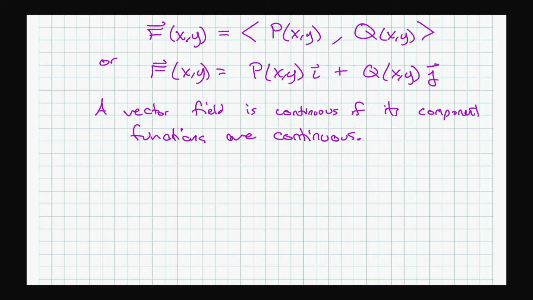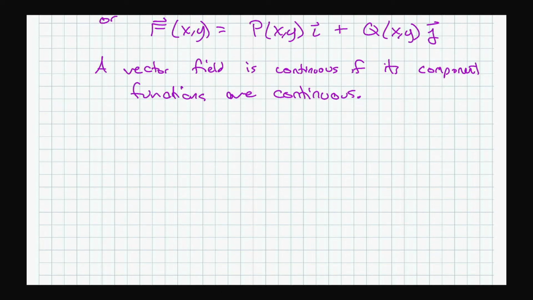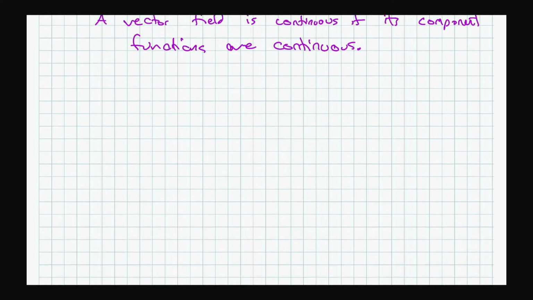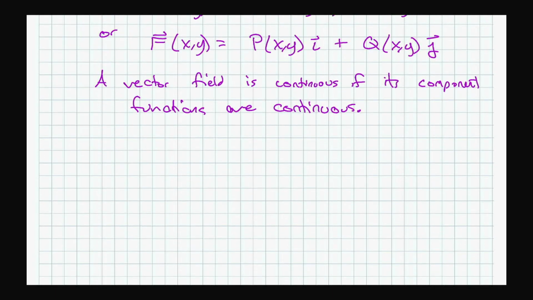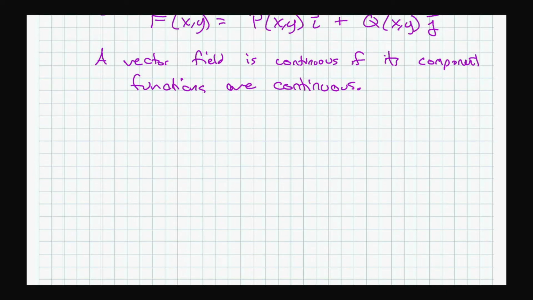So if P and Q are continuous, it's continuous, right? So that makes sense, right? If the functions that make up your function are continuous, then it is continuous. They're not going to ask you if a vector field is continuous, but still, you could describe it as continuous. Okay. Now your first task, of course, is going to be, if I give you a function, can you calculate the field at that point?